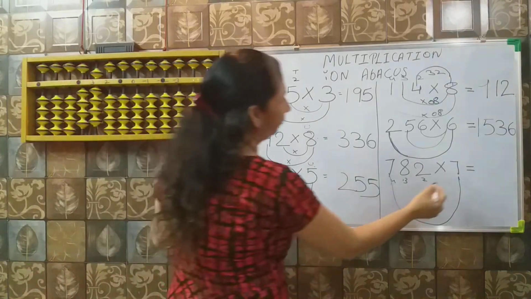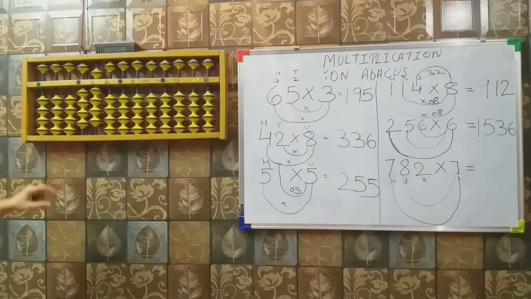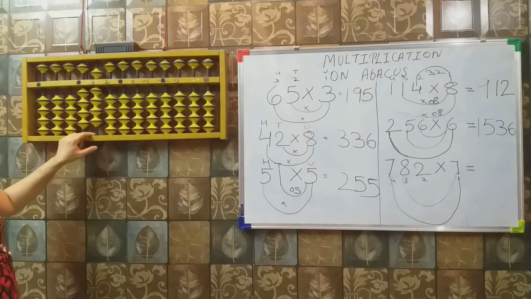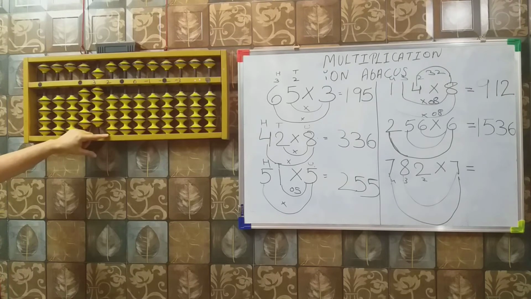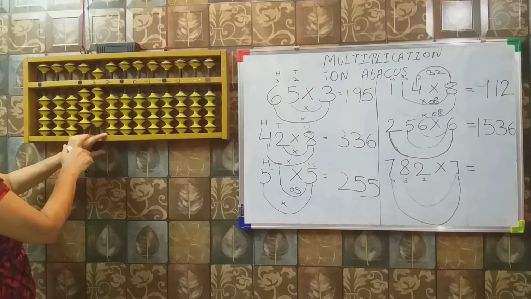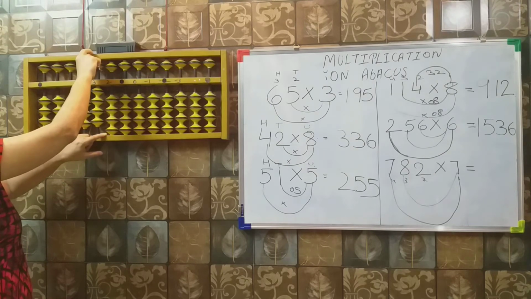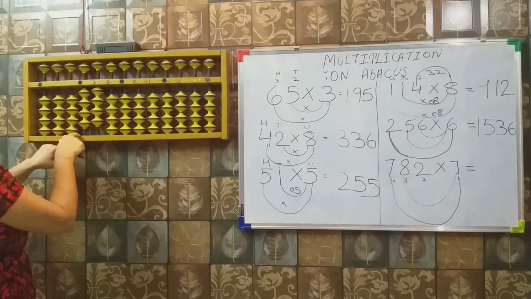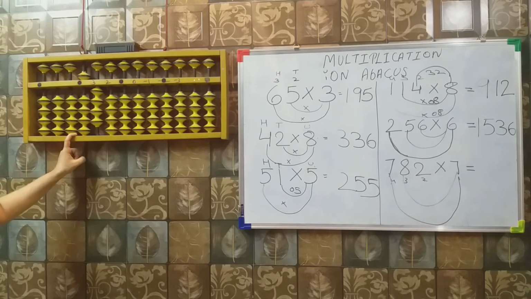Now 7 into 8 is 56. 5 on the hundred place and 6 on the tens place. 5 on the hundred place is not possible. So we will apply the big friend formula: minus 5 plus 10. Plus 1 is not possible, so minus 4 plus 5. This is the small friend formula that we are applying.